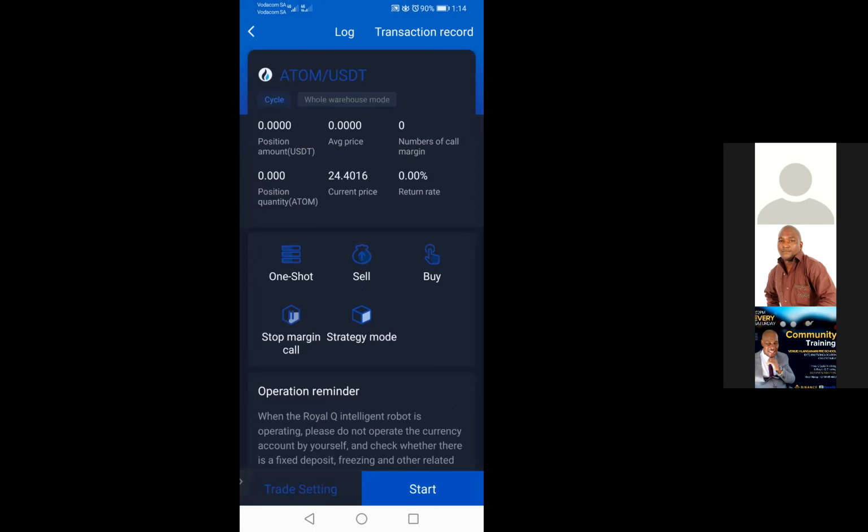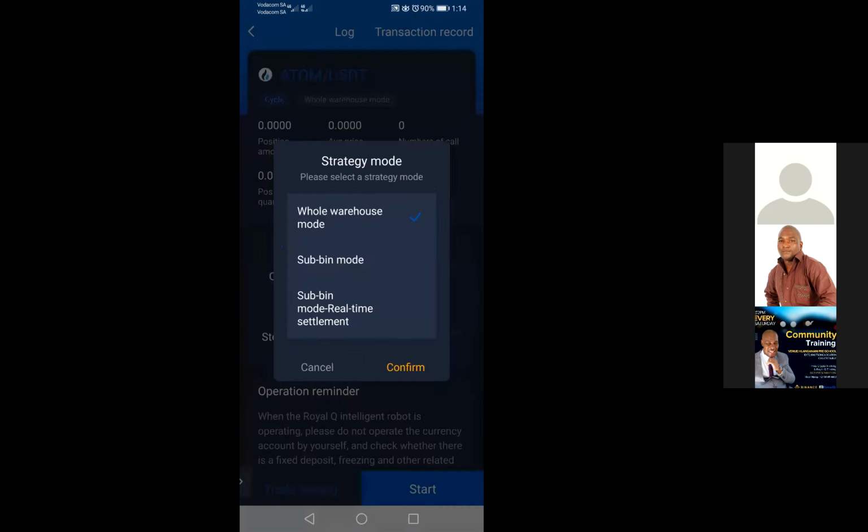Sorry, strategy mode must be real-time settlement. Sub-bin mode, real-time settlement. Yes, then you can confirm.